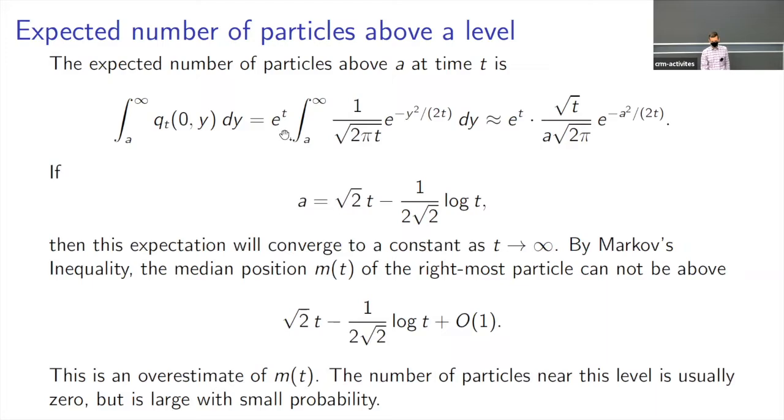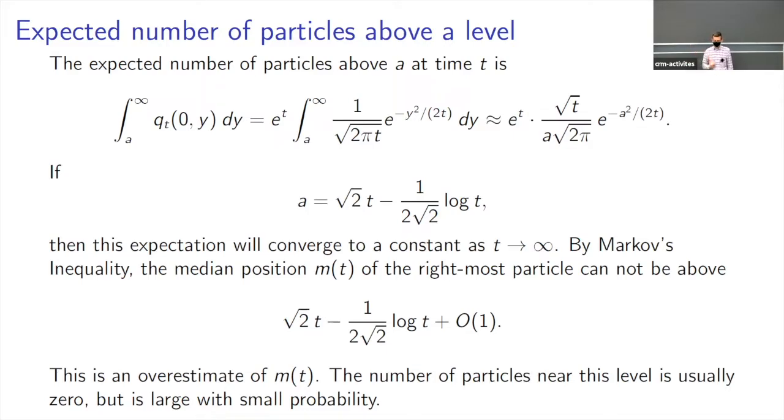So q_t(0,y), that's e^t times this Gaussian density. And using standard Gaussian tail estimates, this integral is approximately the square root of t over a times the square root of 2π times e^(-a²/2t).